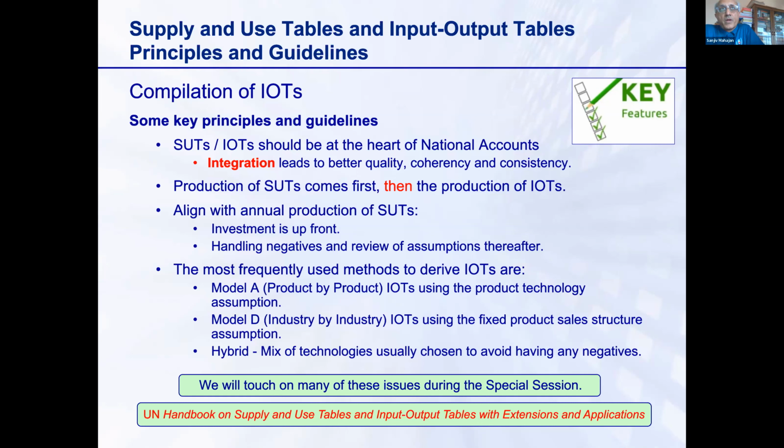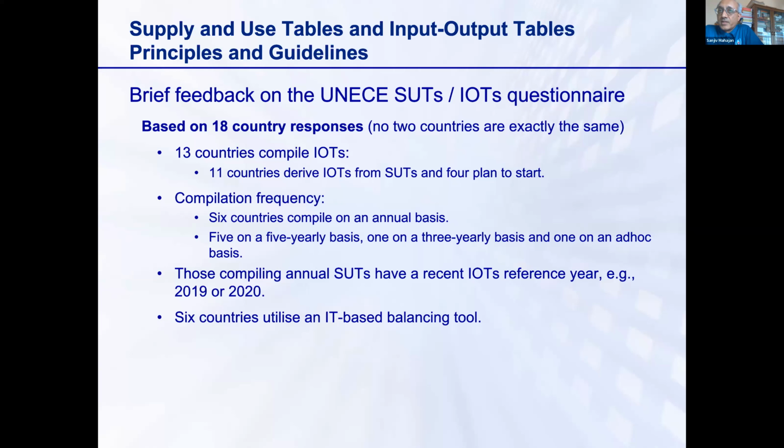So moving on to the questionnaire I mentioned, again, thank you for responding. 18 countries responded. 13 countries compiled the IO tables. 11 countries derived them from the supply and use tables, and 4 countries are planning to start that process. The compilation frequency varies. 6 countries produce them on an annual basis, 5 on a 5-yearly basis, 1 on a 3-yearly basis, and 1 ad hoc.